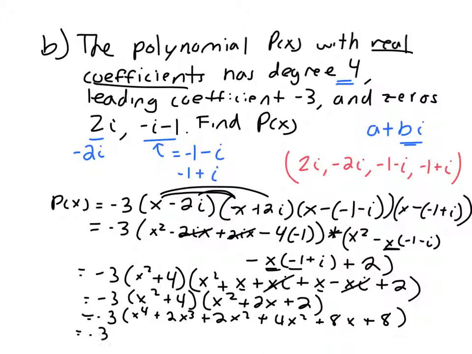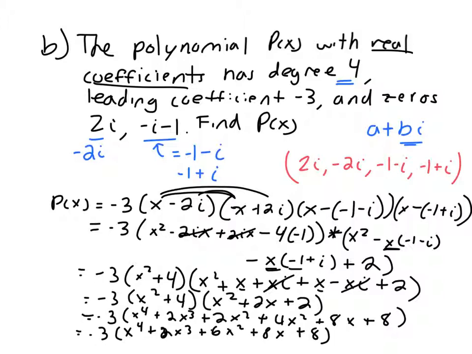Okay, -3. So now I need to combine like terms. So x to the 4th plus 2x to the 3rd plus, let's see, I have 2 of these terms, so that's going to make 6x squared plus 8x plus 8.